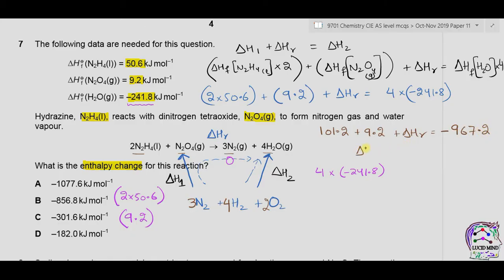So delta HR will be equal to negative 967.2 minus 110.4. It becomes 1077.6 kilojoules per mole. The answer is A.